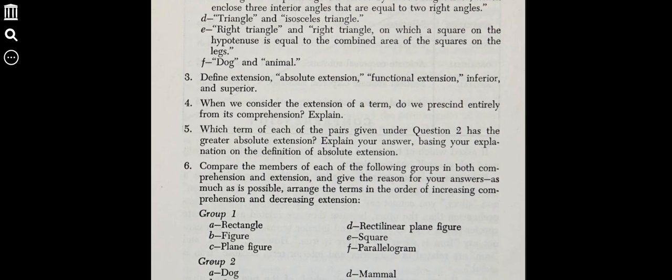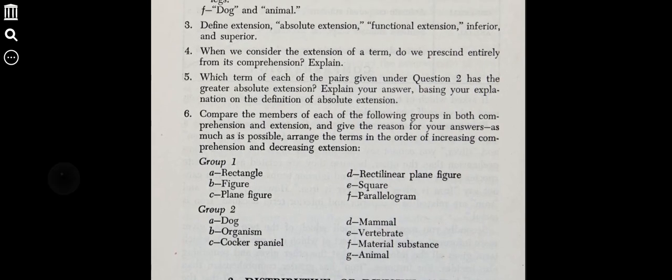That has a larger comprehension than figure, and it has a smaller extension. Or think about rectangle. Of the 3, rectangle, figure, and plane figure, rectangle relatively has the largest comprehension and has the smallest extension, right? So that's kind of the way we would go about reasoning there.